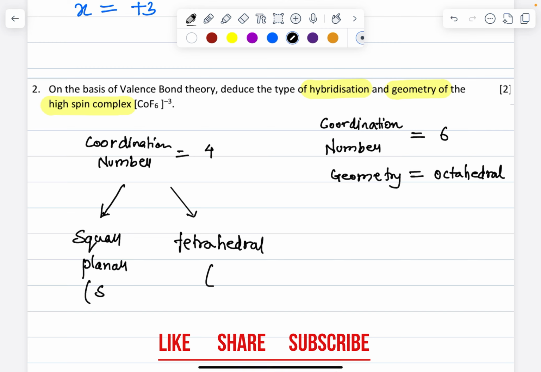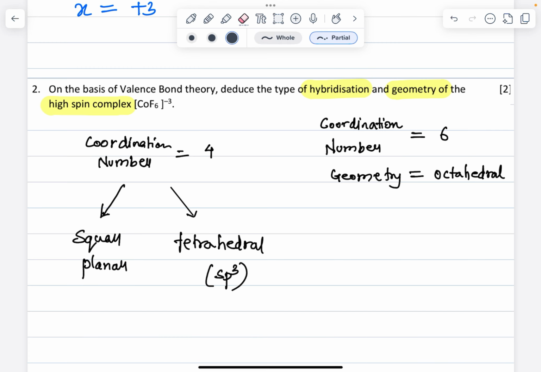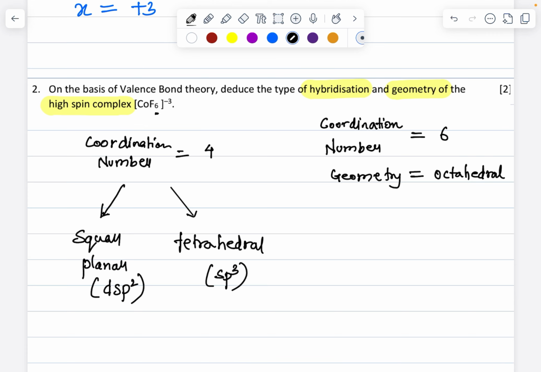For tetrahedral, if you are getting sp3 hybridization, then it is tetrahedral. And if the hybridization is dsp2, then it is square planar. So you have to take care of this hybridization. Again, that will depend upon the type of ligands it is connected to. So we'll find the hybridization, and the geometry we know surely is octahedral because the coordination number is 6 over here.